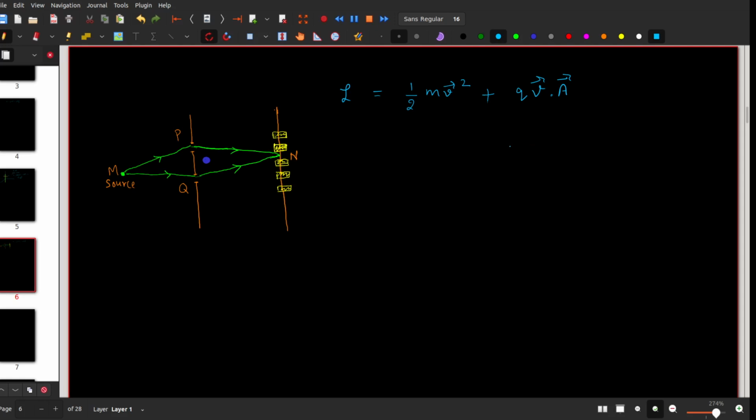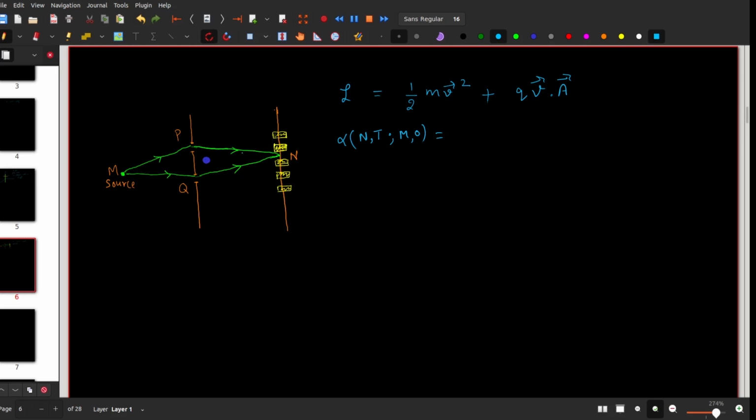When we quantize the system, suppose we denote the amplitude of the particle to reach point N on the screen as alpha. So the amplitude of the particle to reach point N at time t, starting from point M at time 0, will be equal to the path integral corresponding to this Lagrangian.